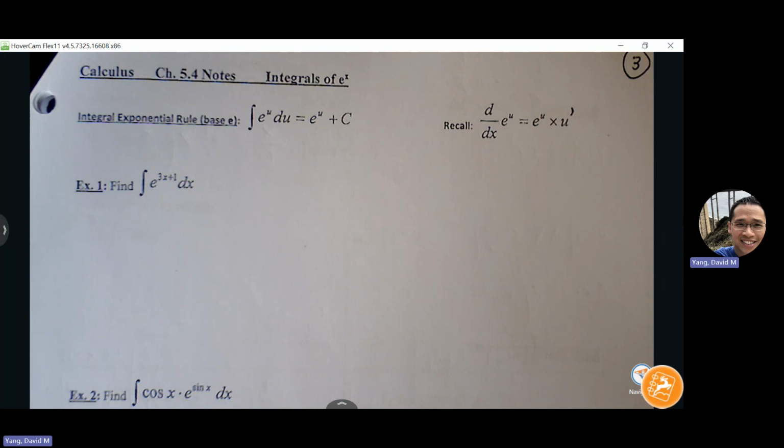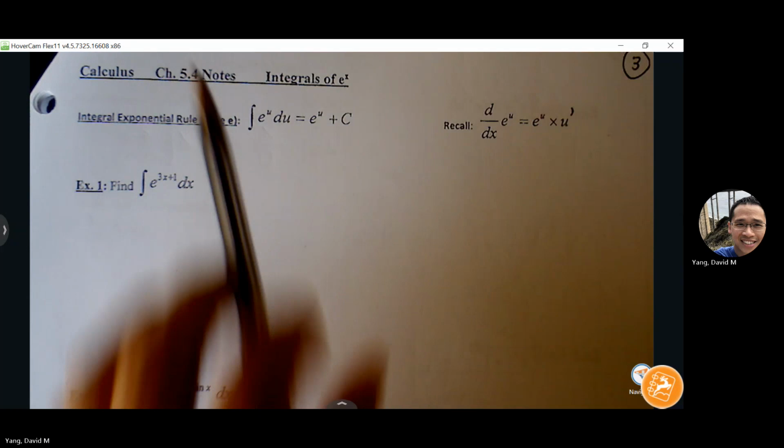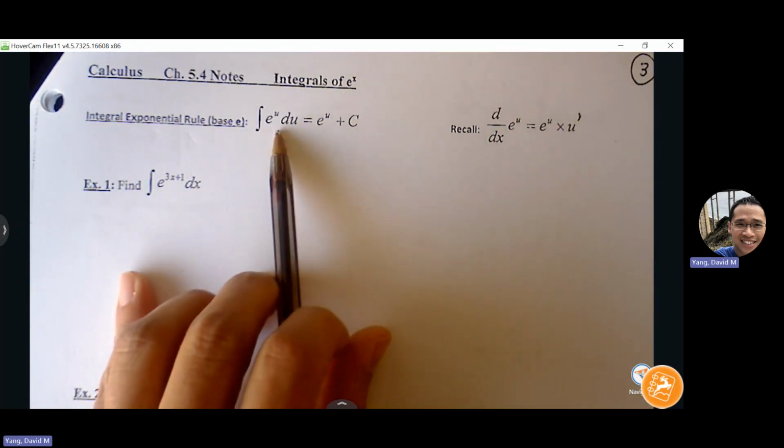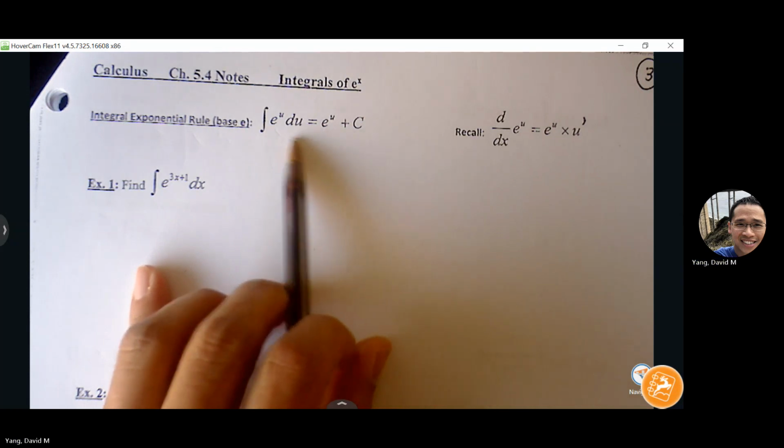So number 1, find the integral of e to the 3x plus 1 dx. Looks like this can fit into that e to the u rule if we let the exponent be the u value. Right? So u substitution. And the hope is that we can make it look like this. If we can make it look like this, then we have a rule that we can apply.